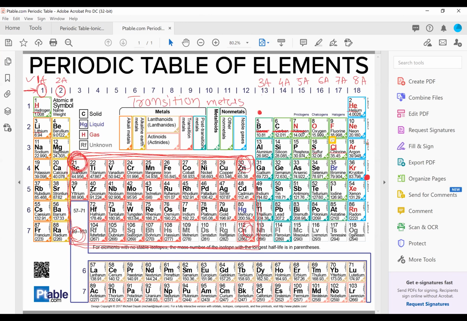Lithium, the third one, is Li. Beryllium is Be. So most of them follow this first or second letter pattern. However, there are exceptions like sodium, number 11. We call it Na. The symbol is Na, but the name is sodium, right?